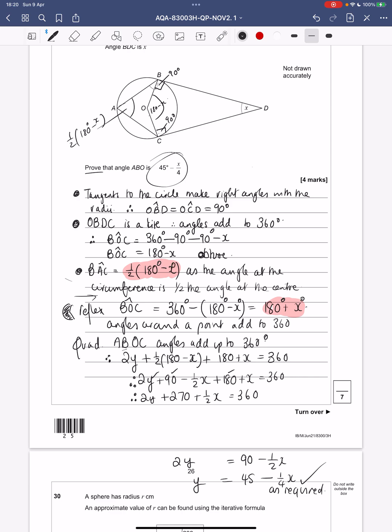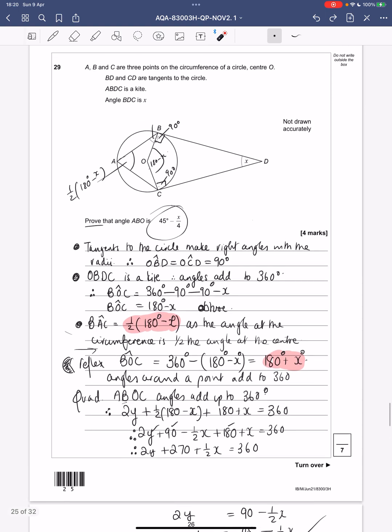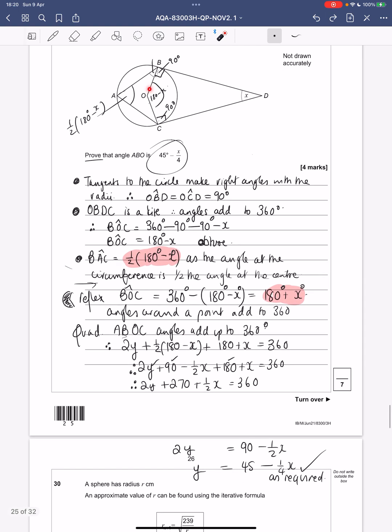There we go. I called this small one here y. So we've got 2y, because that one is the same as that one, because these are symmetrical because of the kite thing again. So we get 2y plus a half of 180 minus x, plus this one here, which is 180 plus x.